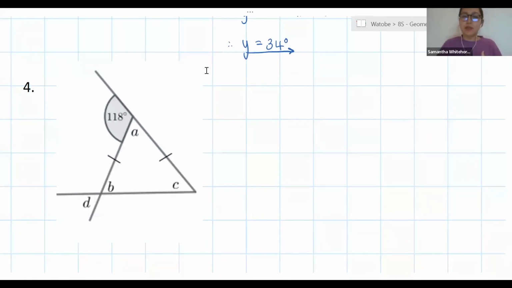Remember to label your angles. Like I say, remember your reasons. So Nelly, we're going to talk about that on Wednesday. That's when we're going to have a look at some quadrilaterals and their properties. So be sure to tune in then.